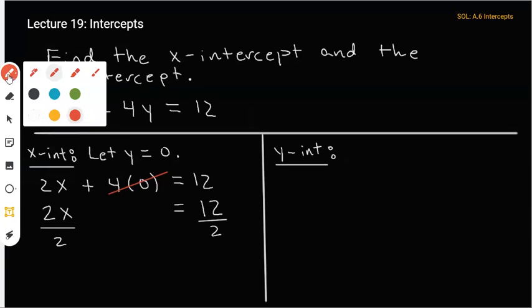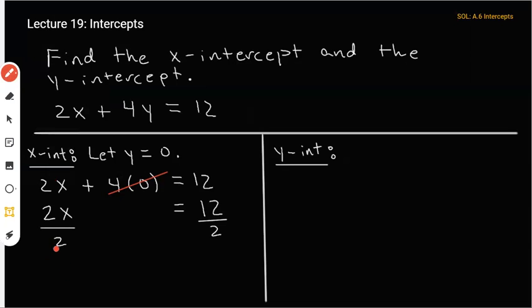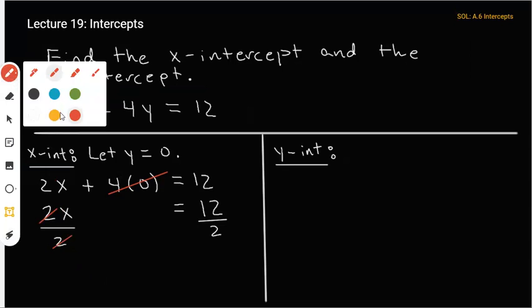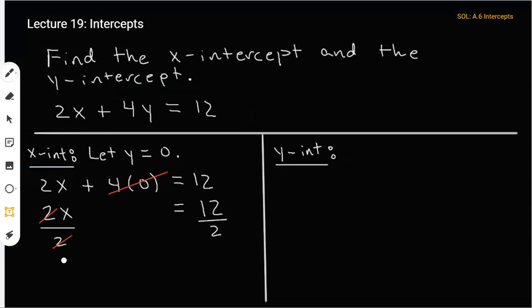So when I do that, the 2's on the left side are going to cancel each other out. And I'm just left with the x. On the other side, I've got 12 divided by 2, and that's going to give me 6. Yep. So x equals 6.